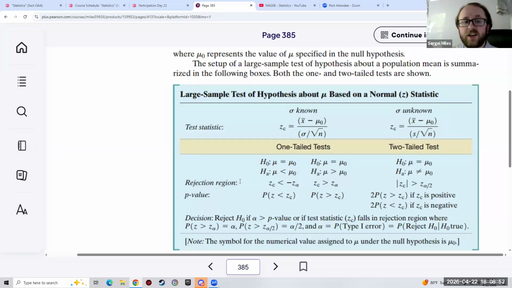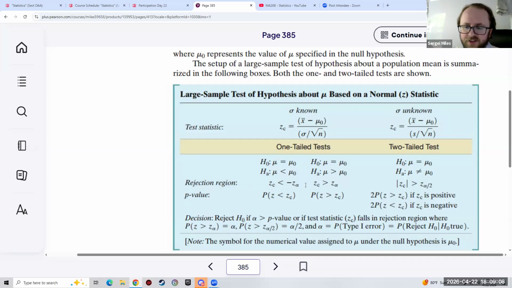The rejection regions are easy to do if it's a 90, 95, or 99% confidence. But if it's some other confidence level, then a p-value actually becomes easier to do. All right.